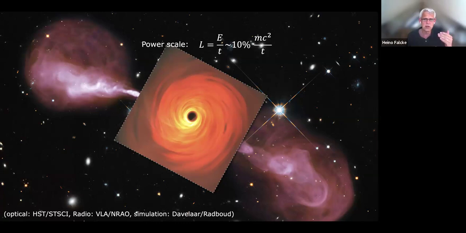If you ask yourself how much energy per time could this process generate, it's about a few percent to 40%, typically you say 10% of the mass per time that's flowing in times c squared. And mc squared looks familiar because that's the other famous formula of Albert Einstein, which is energy is mc squared. The energy is the matter times speed of light squared. So that's the maximum energy you can sort of have in matter. And so a significant fraction of all the energy that's in matter can be created.